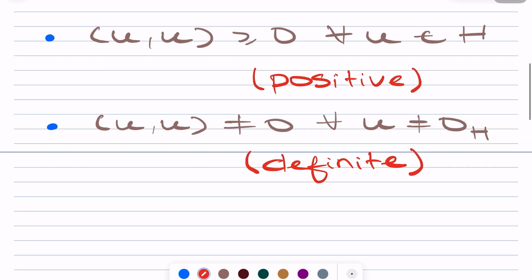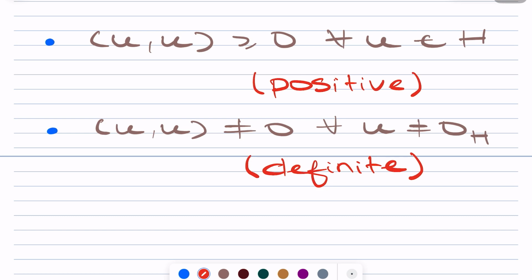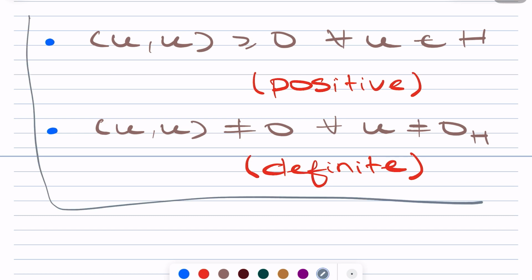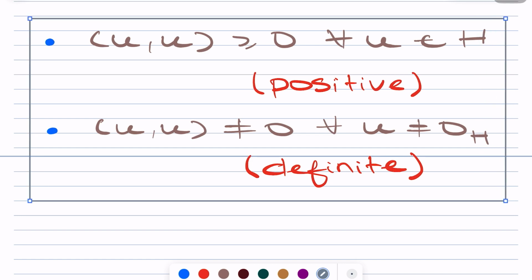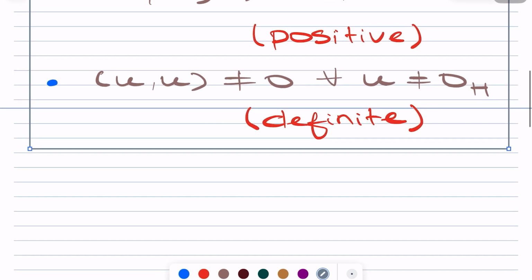These properties are often summarized by saying that the scalar product should be positive definite.